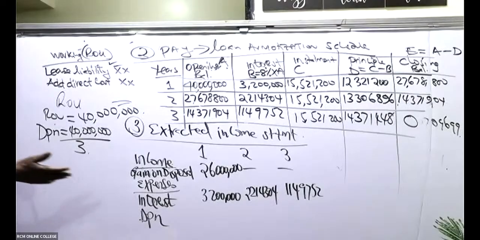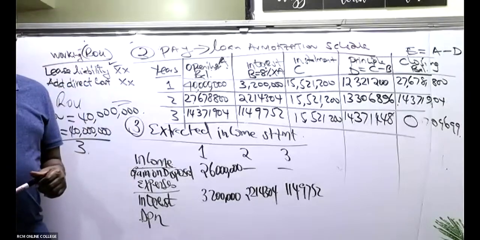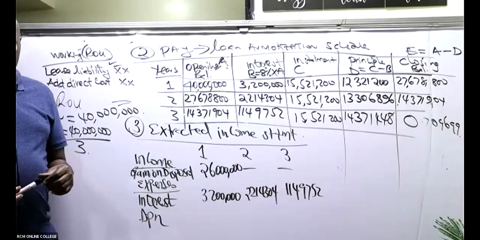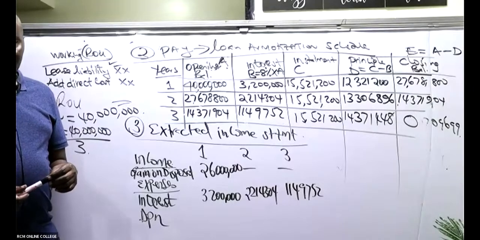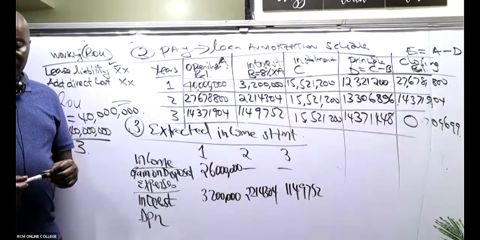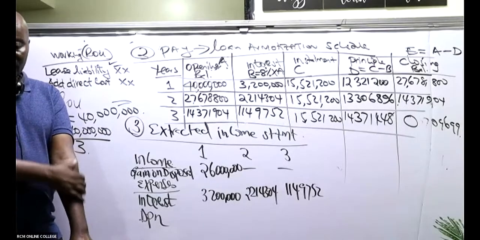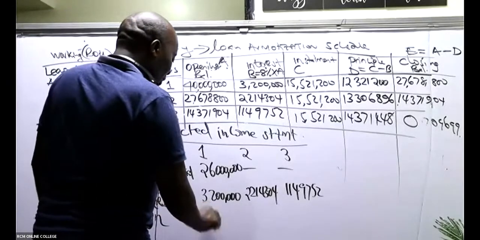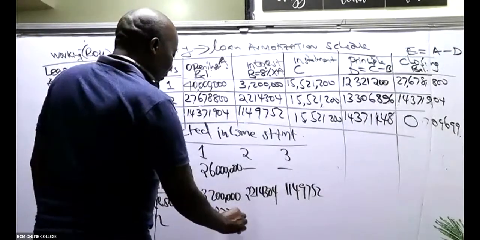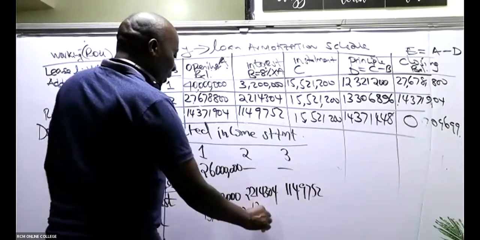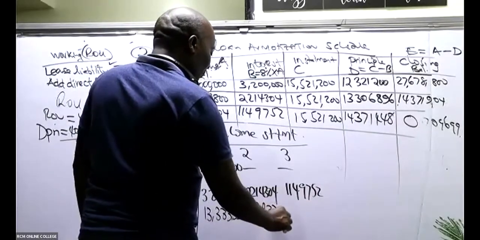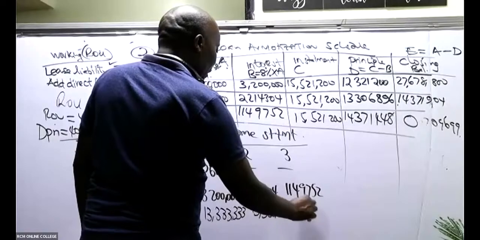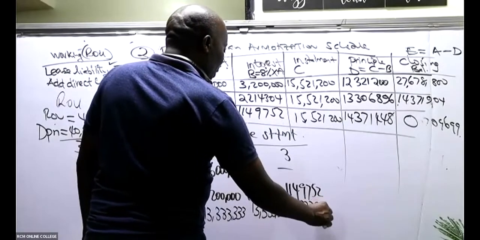This is what I shall book here. So we have 13,333,333 each year.